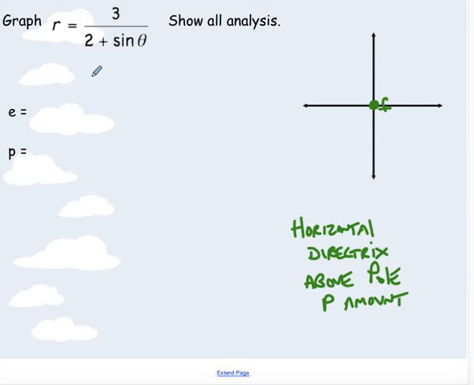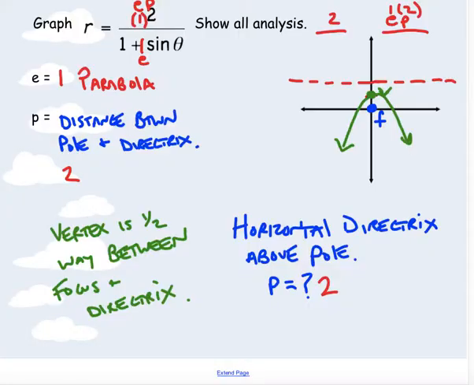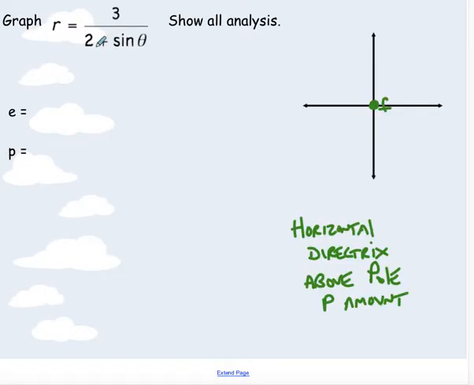So if you look back at all your formulas, do you see how it's always 1 plus or minus? Well, in this example, we have a 2. So we need to do a little bit of work to make this fit the equations that we were given. So I'm going to force this to be a 1 plus.